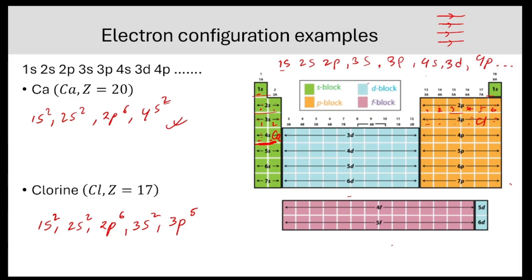So if we count the total, this is 6 plus 10, plus 7, 17 electrons. So this is how we can draw the electron configuration using the quantum mechanical model.